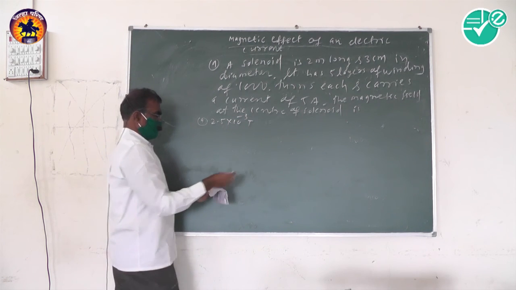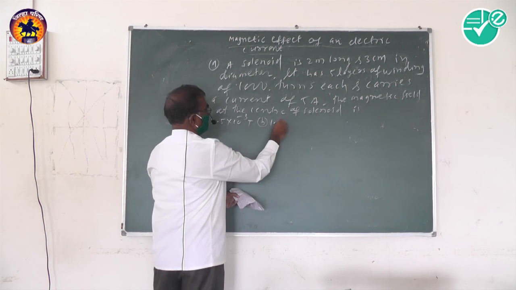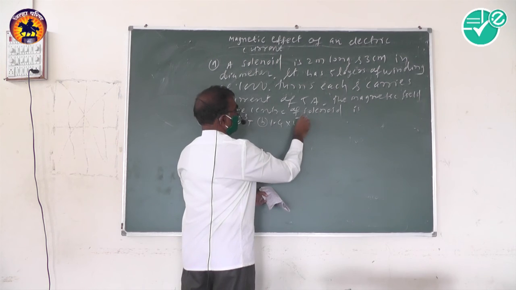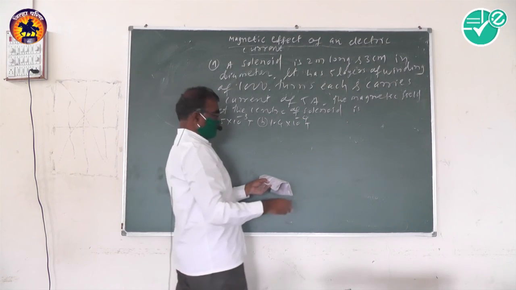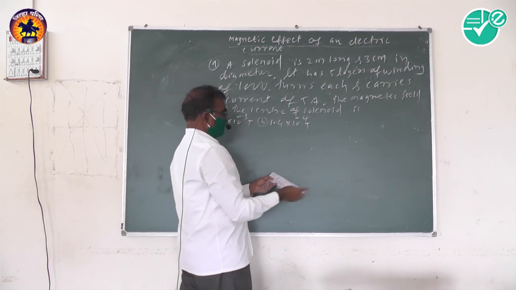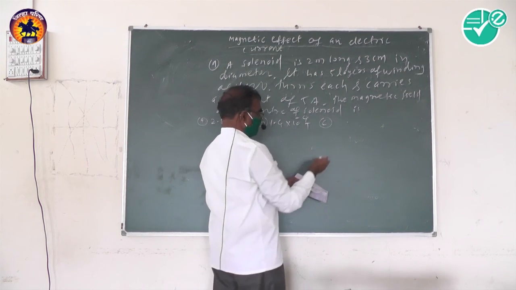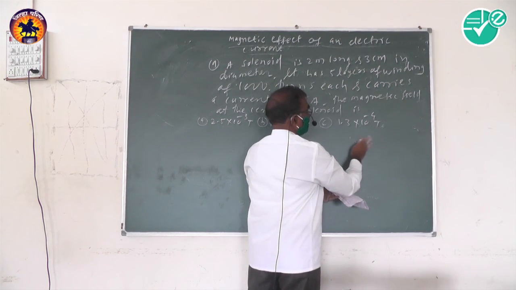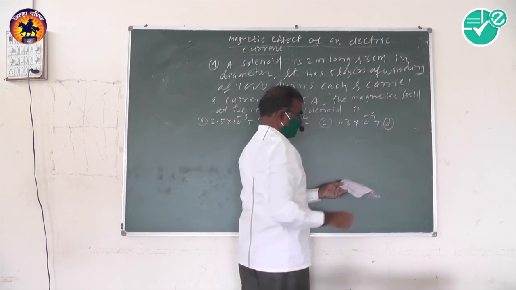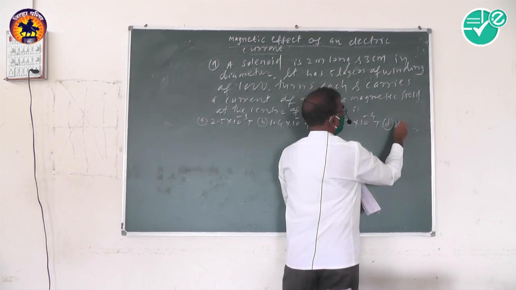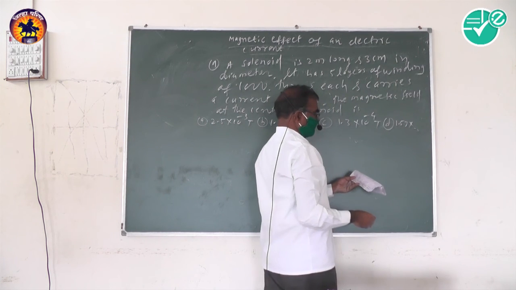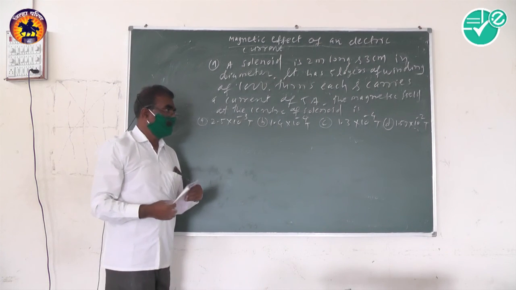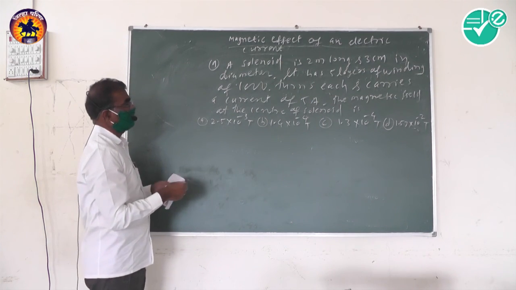B, 1.4 into 10 raised to minus 4 Tesla. C, 1.3 into 10 raised to minus 4 Tesla. And D, the last multiple choice, 1.57 into 10 raised to minus 2 Tesla.